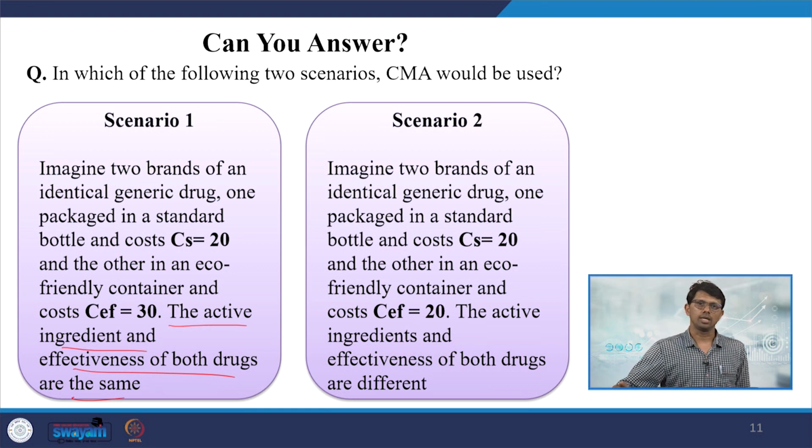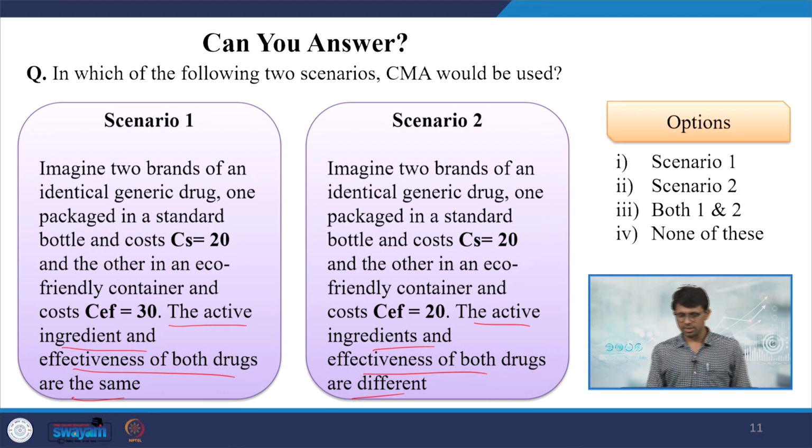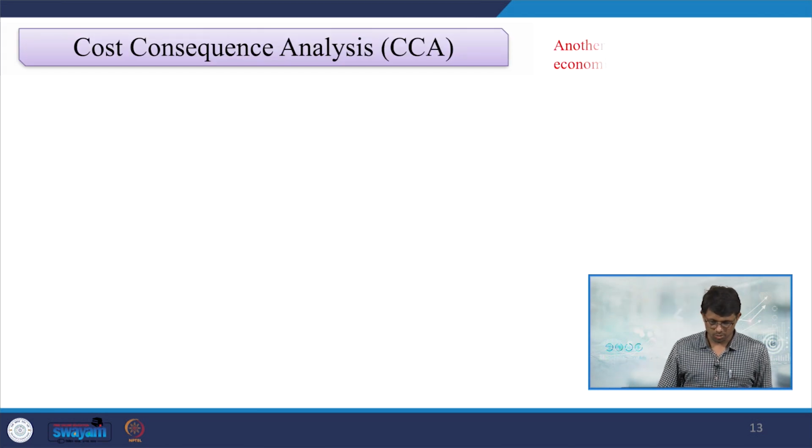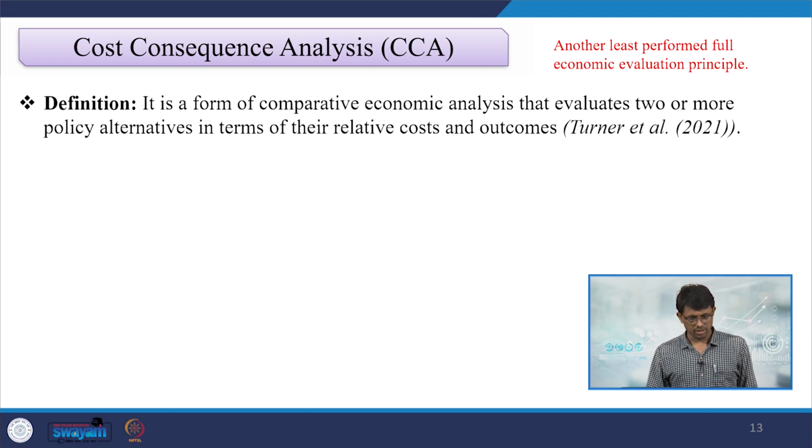So, 20, and the active ingredient and the effectiveness of both drugs are in this case different. So, you can just see out of these options where CMA would be most useful. You just check on your own, with our answers which we explained a couple of minutes back. So, this is where we try to mention scenario 1.